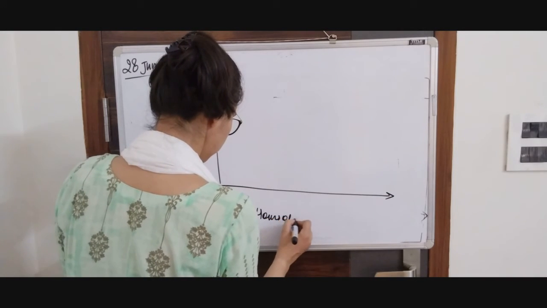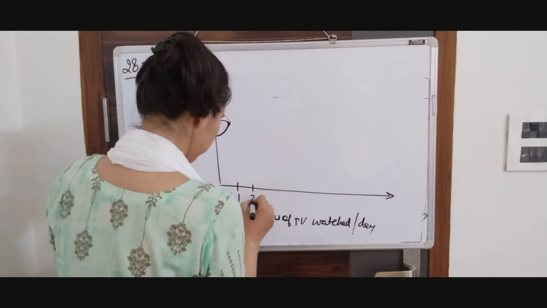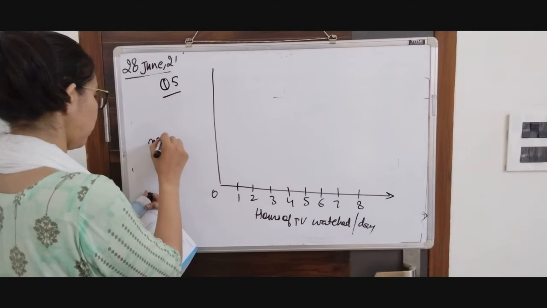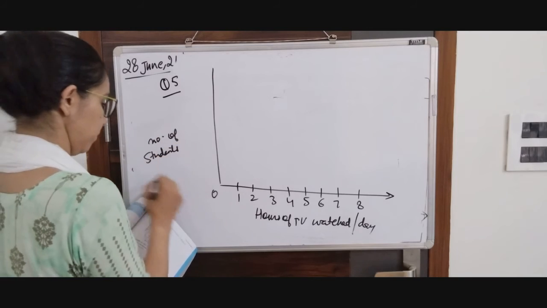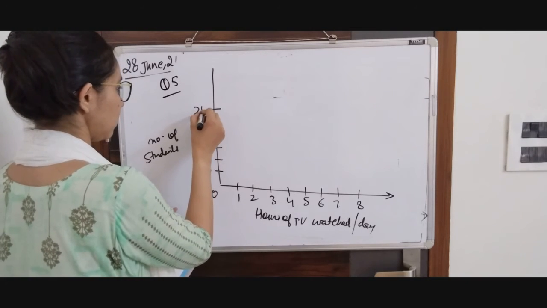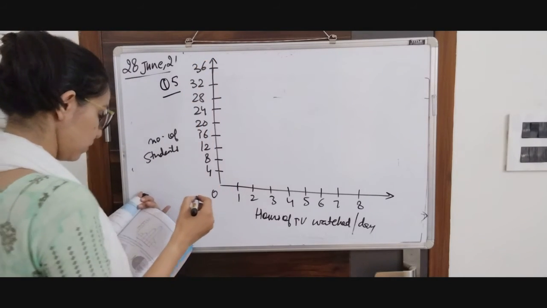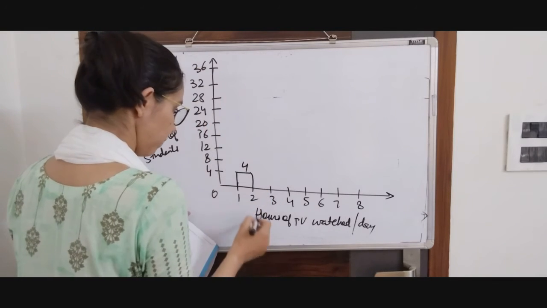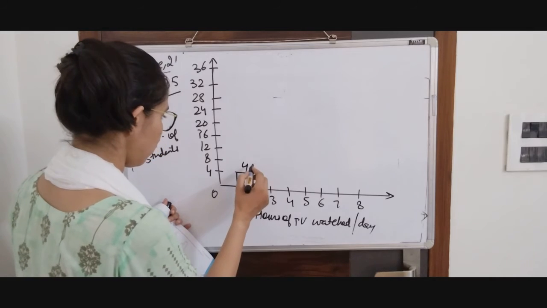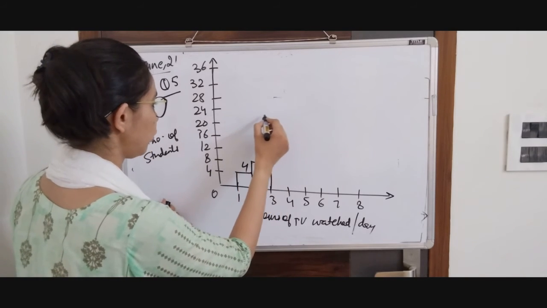Hours of TV watched per day, it is 0, 1, 2, 3, 4, 5, 6, 7, 8, and then it is number of students. 4 students watch TV for between 1 to 2 hours. 8 students, then 22. 20 is going to be the mid of these two.